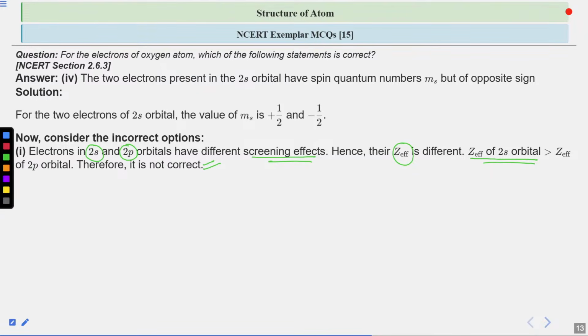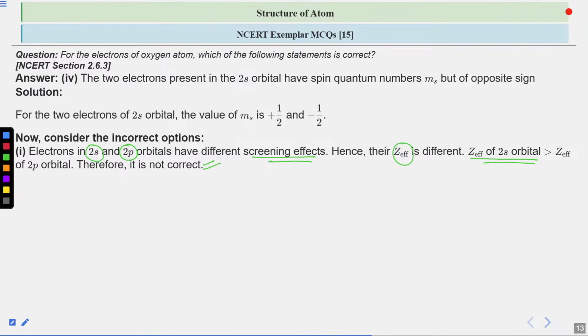We have studied in the previous class the penetration effect, remember? The penetration effect of s is greater than the penetration effect of p. Penetration means how deep the electron is going.